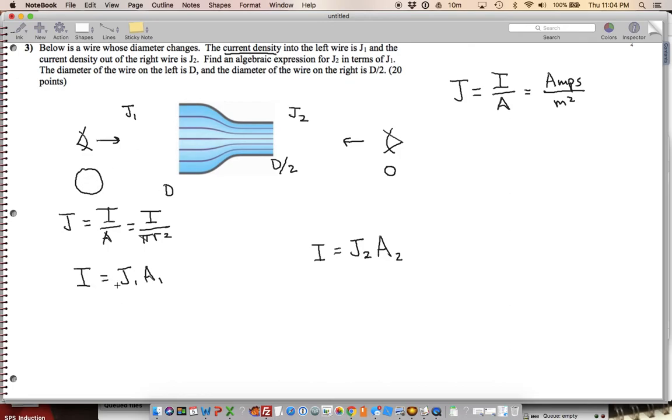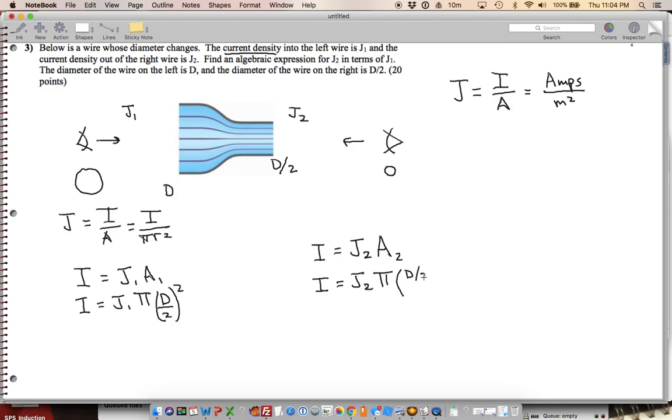Okay, so if I want to write down what this current is on the left, I is equal to J1 times pi r squared. In this case, I can write r in terms of d, so I'm going to write d over 2, squared. That's my r squared here. Now if I do the same thing over here, I is equal to J2 times pi, and in this case my diameter is d over 2.